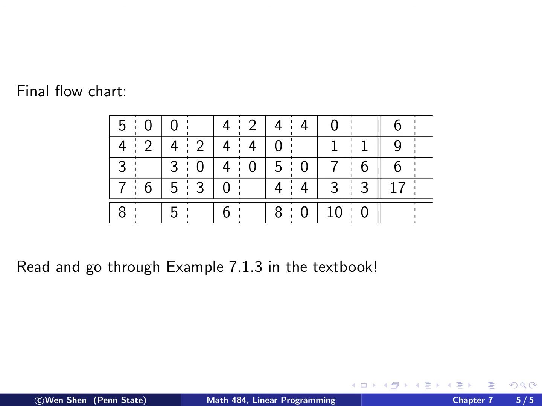So this algorithm is an important algorithm because it's a building block for the main problem, the transportation problem that we will talk about in the next video. We will use this as one of the steps in the solution. Okay, so hope you enjoyed this, and I see you next time.